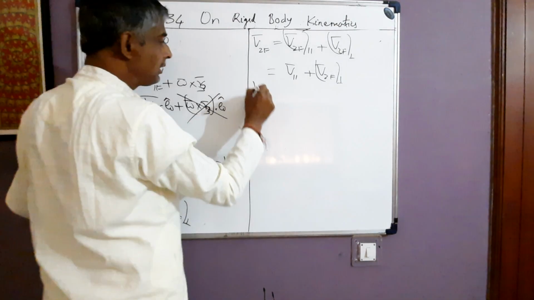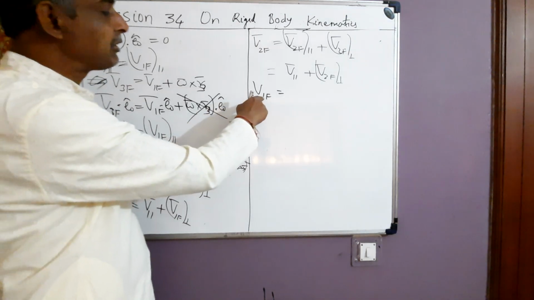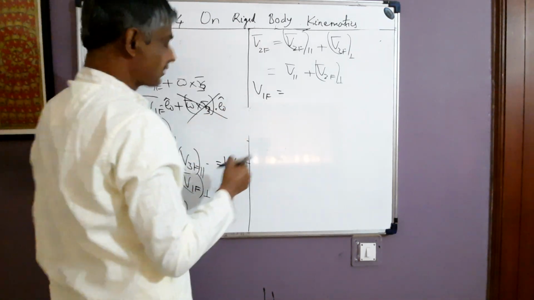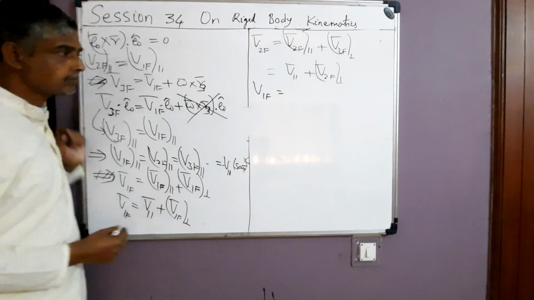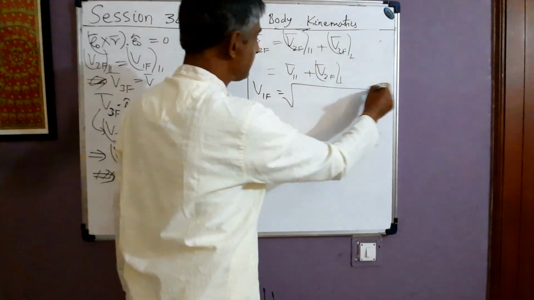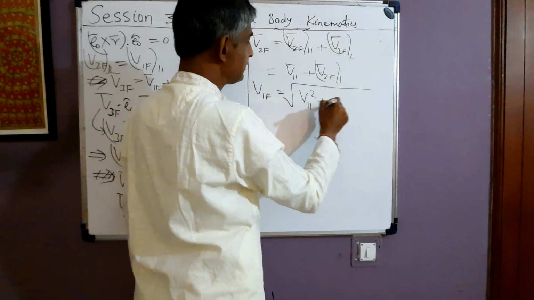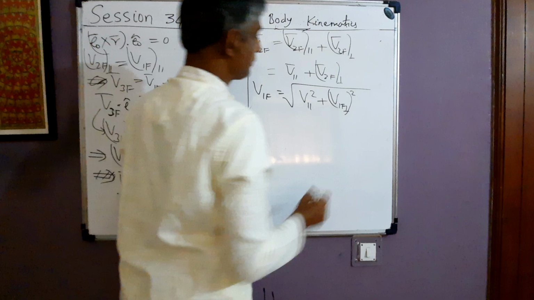So now V1F is the magnitude of the velocity of P1 with respect to frame F, that is, the speed of P1 with respect to F at time t. That can be written as V parallel square plus V1F perpendicular square.